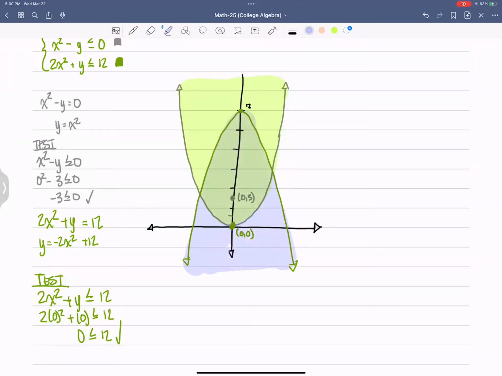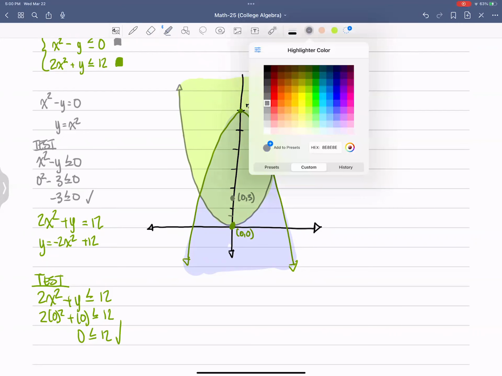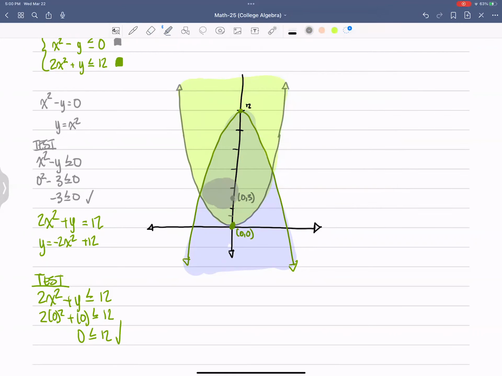But again, the only parts that count are going to be this middle region. So the only parts that are the solution to this system of equations is going to be this middle region. Let's do a really obnoxious color. Let's do like a dark gray so that the world knows that we did this work here. We tested these test points.